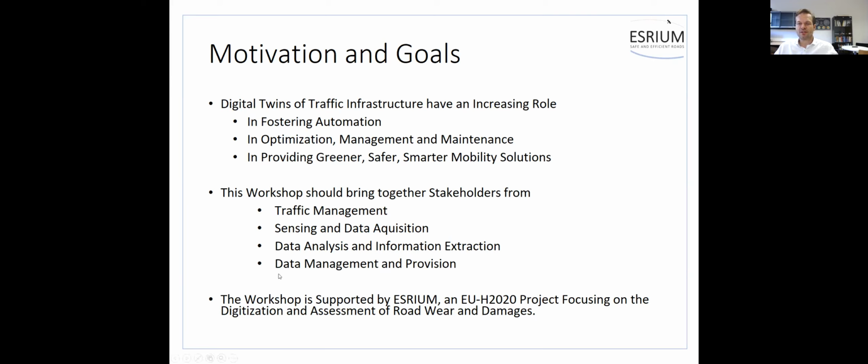This whole workshop is supported by the EU H2020 project Esrium, where we address a very specific field of this very general topic of digital infrastructure twins, which deals with the digitization and assessment of road wear damage. So here, the digitization of damages is the major topic.